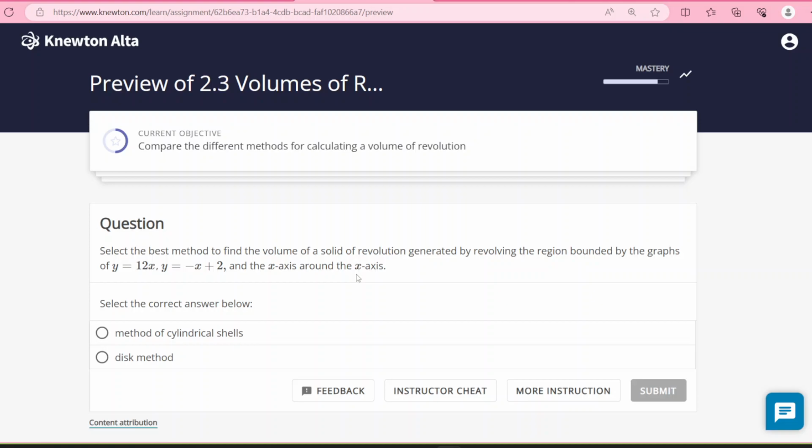If I were doing disks, so go back and look at example 1, number 1 from this objective. It's the same thing. When I'm doing disks, I'd have to set up two different integrals, right? I have to find out where these meet and set up two different integrals because the curve on top will change after a certain value of x. But with shells, I'd only have to set up one integral to figure out the volume of the solid here.